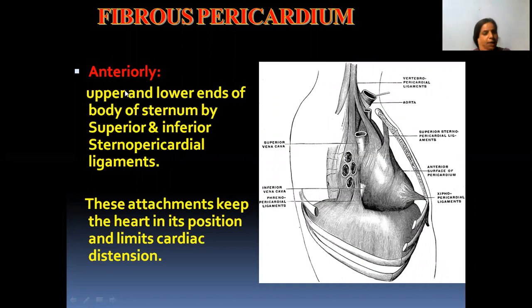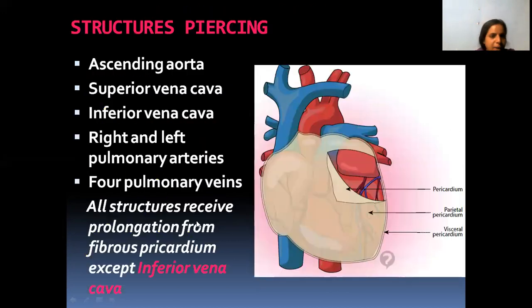Okay, so anteriorly, the fibrous pericardium has connections with the sternum. This is the superior sternopericardial ligament. This is the inferior sternopericardial ligament. Okay, so these attachments keep the heart in position and limit cardiac distension.